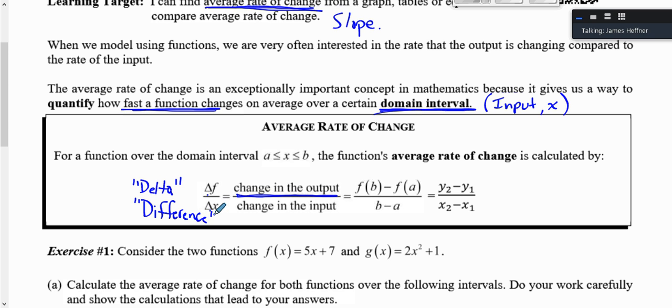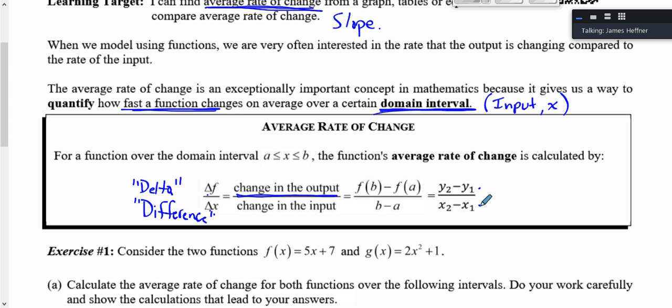Division? No, difference. Like, what's the difference between the number 7 and 9? You subtract. So subtraction gives us difference, and that's how you find a change in something. So we'd have y2 minus y1 divided by the difference in x's, x2 minus x1.